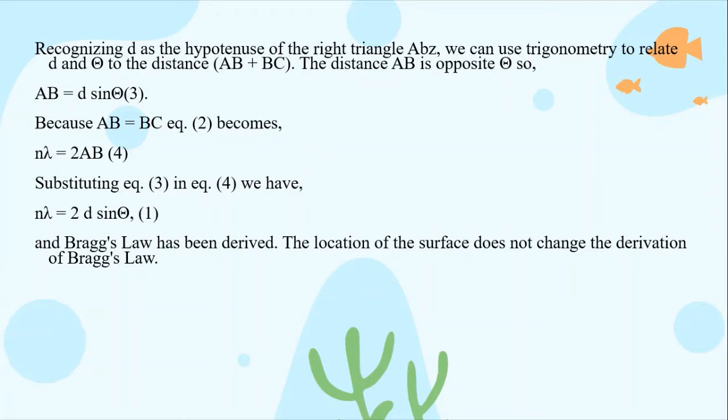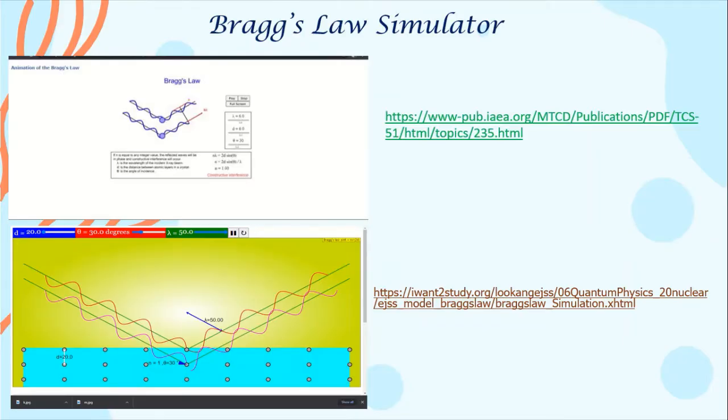Because AB is equal to BC, equation 2 becomes 2AB equals n lambda. Substituting equation 3 into 4, you get 2d sin theta equals n lambda, and Bragg's law has been derived. And this is an example of a Bragg's law simulator that you can try on your own so that you will understand more about this topic.